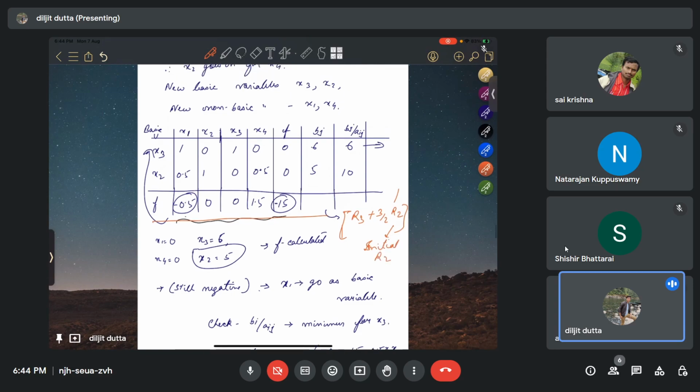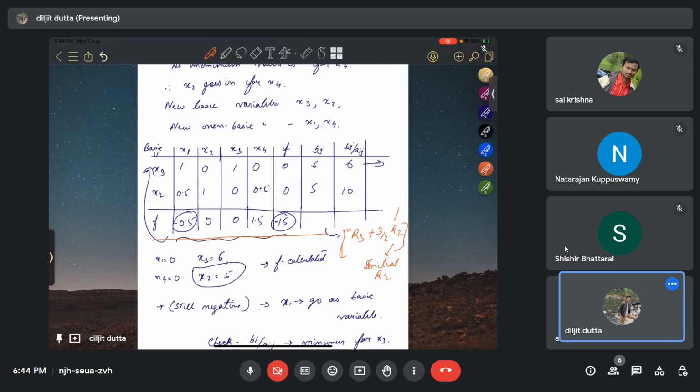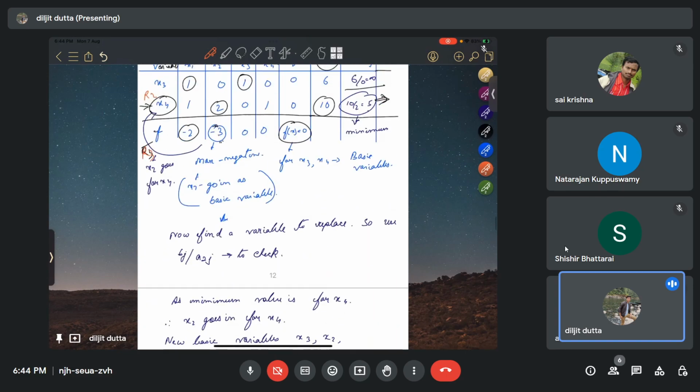Okay, so this row we got after doing the row operation. This is r2 dash. The r2 that I am using is the initial one. We do all the row operations based on the values of the coefficients of the initial matrix only.